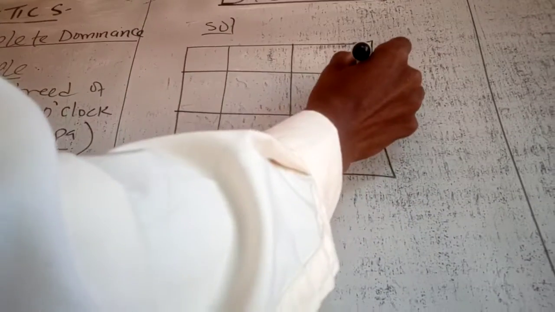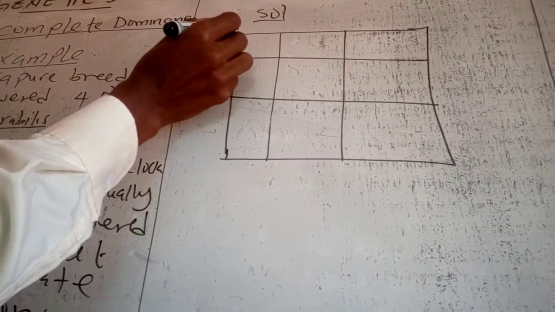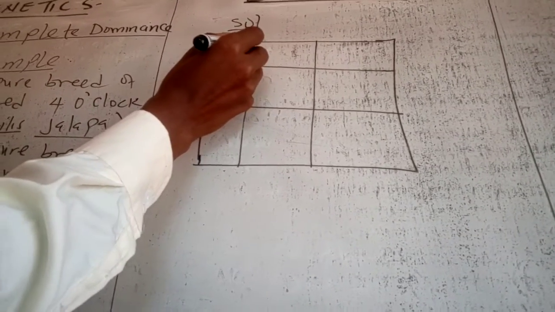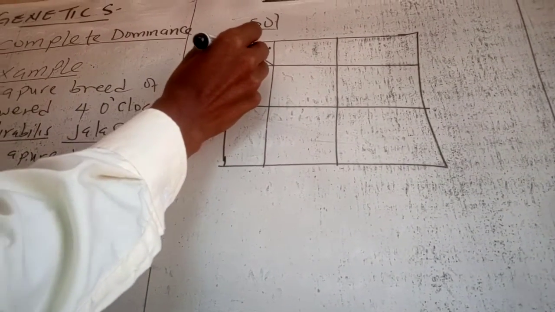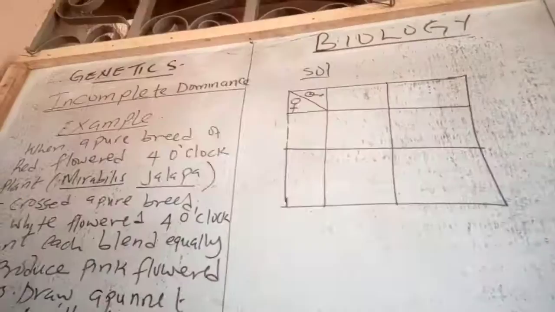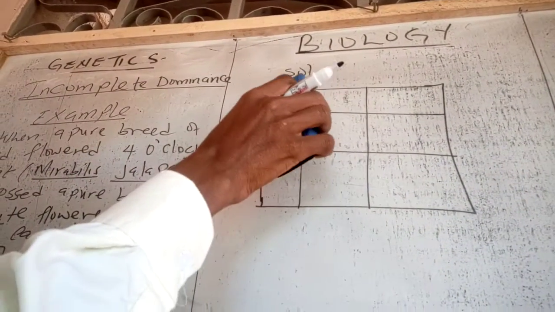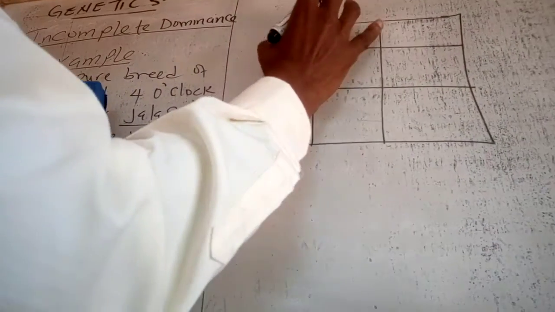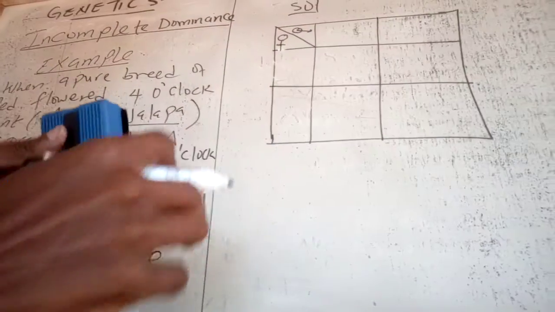Here you put a diagonal line, and here you put the male, and the female, that is the female part of the flower.